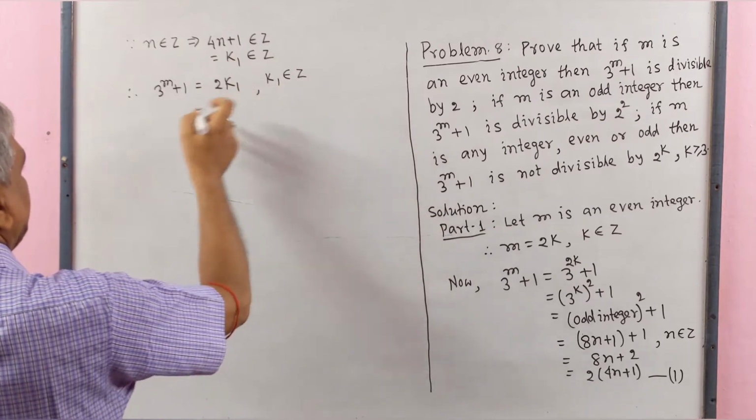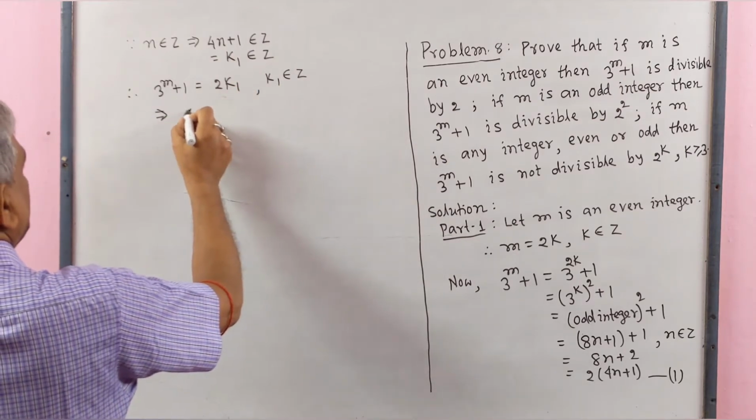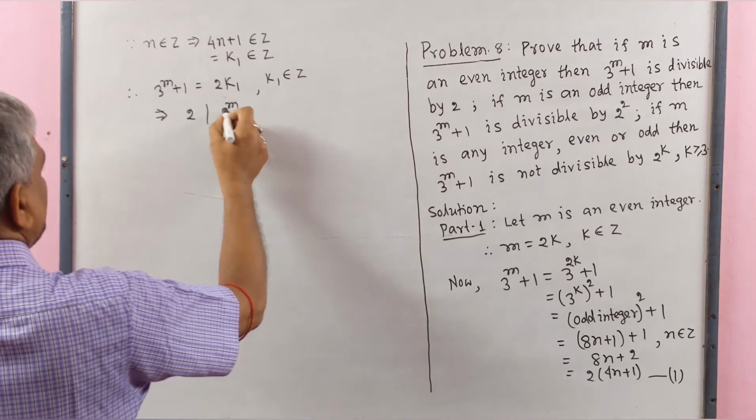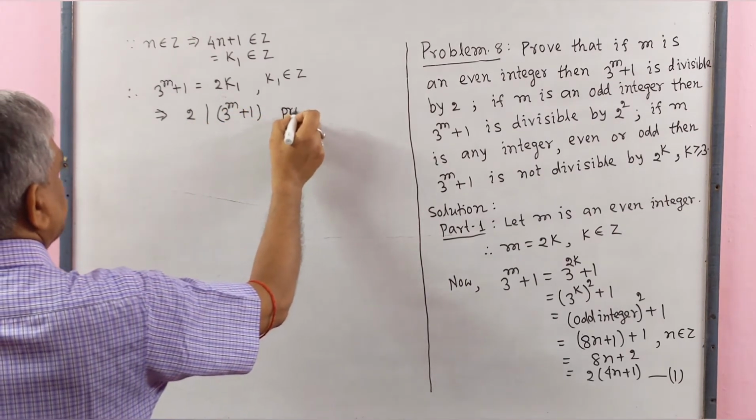Since k1 is an integer, it implies that 2 divides 3 to the power m plus 1. Proved.